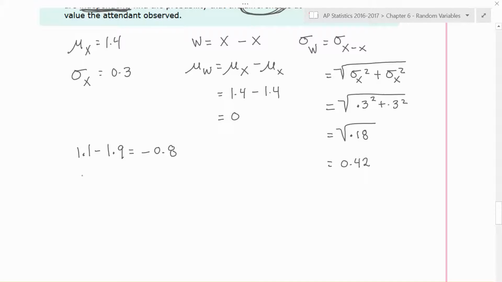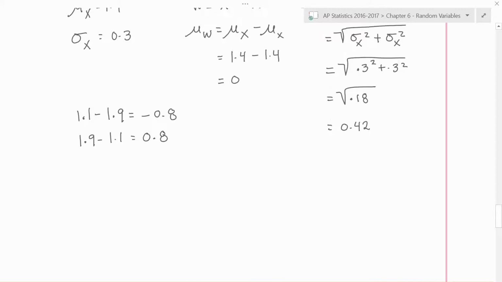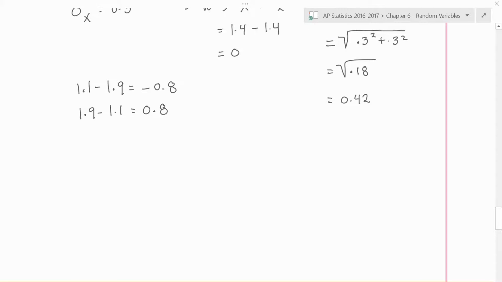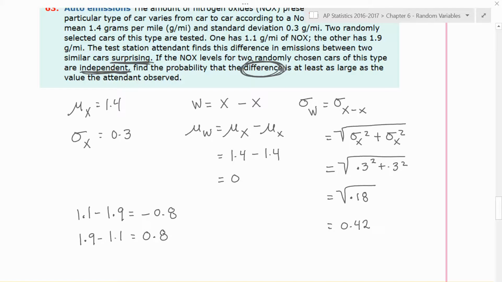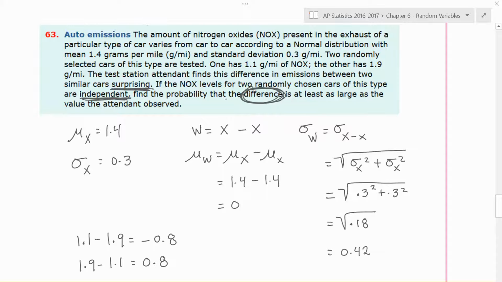Well, what if we did it the other way around? What if it was 1.9 minus 1.1? Well, that would give us positive 0.8. And we'll see why it's important to consider both of those in a minute.